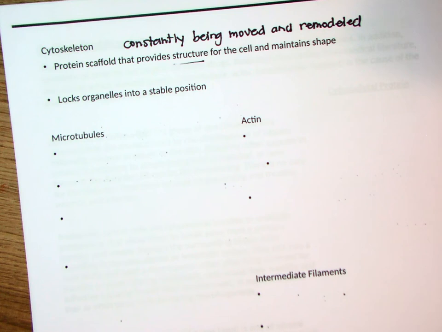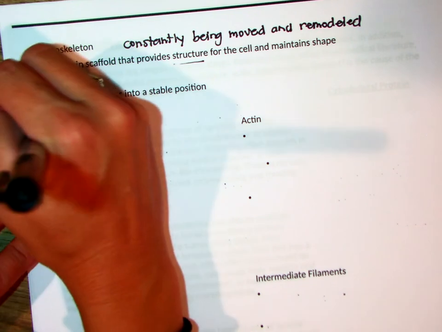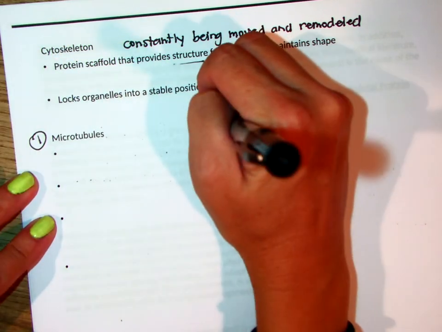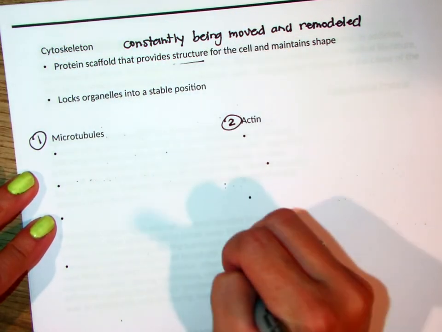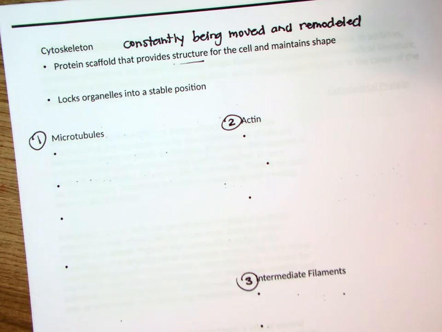Okay, and we have 3 components of the cytoskeleton, and these will be important to know. So I'm putting a circle there. We've got microtubules, actin, and something called intermediate filaments.